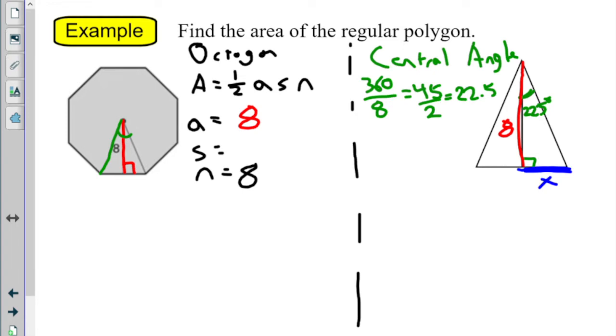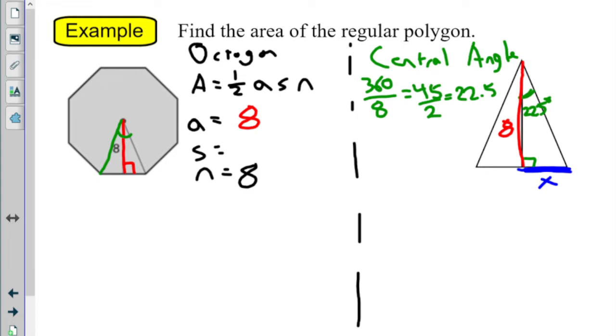So using our right triangle stuff, we know our adjacent and we're trying to solve for our opposite. So sine, cosine, or tangent, it's going to be tangent because we know our adjacent, we want our opposite. Opposite and adjacent, that's tangent's job.